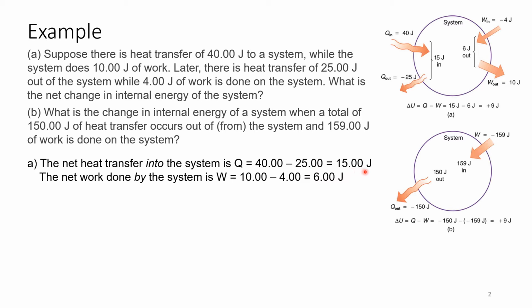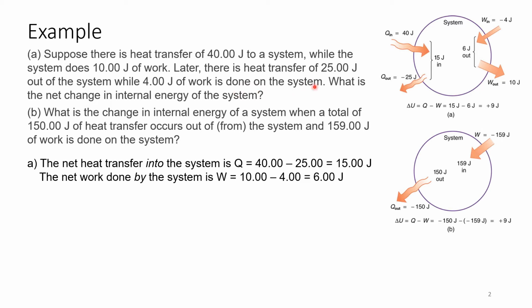So we get 15.00 joule, and the net work done by the system is 10.00, that's the amount of work the system does, minus 4.00, that's the amount of work done on the system.